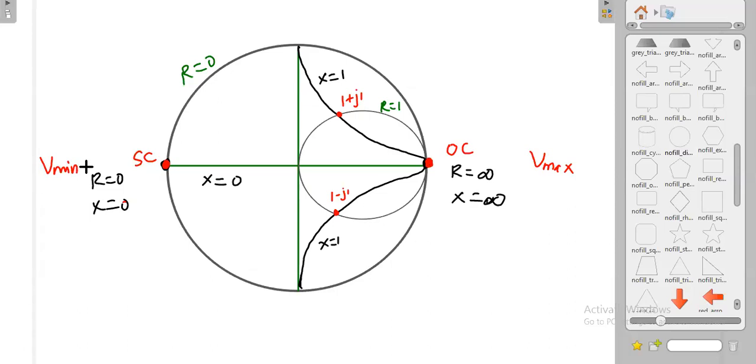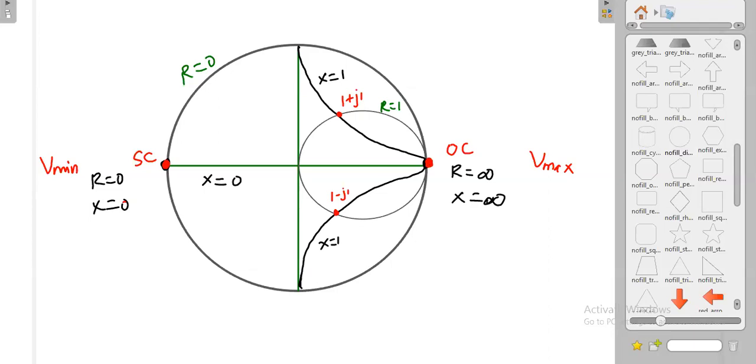So if you want to go from V minimum to V maximum, what is the length in terms of lambda? Not L, sir. Lambda by 4, yes, lambda by 4.